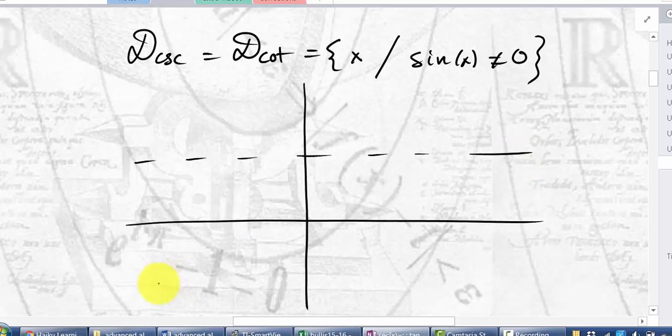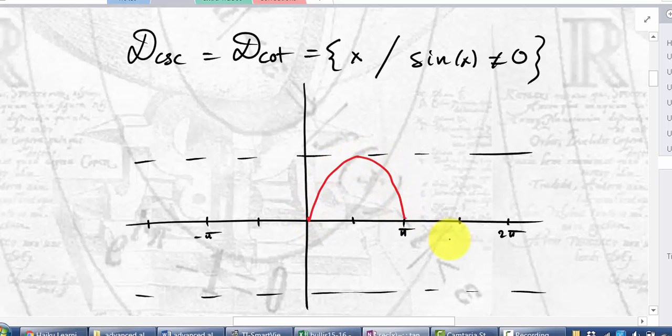So in this case, I will want to look at the sine graph right here, pi over 2, pi, 3 pi over 2, 2 pi, negative pi over 2, negative pi, negative 3 pi over 2. So how does the sine go? Sine 0 is 0, 1 at pi over 2, 0 at pi. Here we go. Here's one period of sine, and in the other direction, here's another period of sine right there.